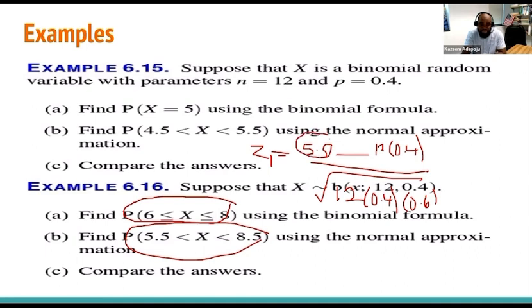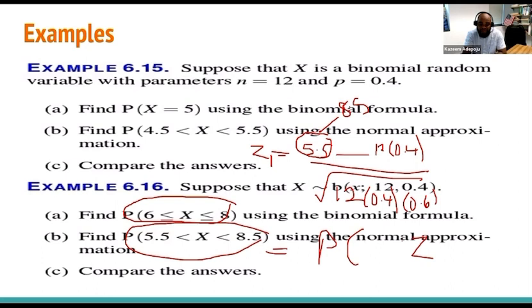The same way you got Z1, you're also going to plug in 8.5 and get Z2.